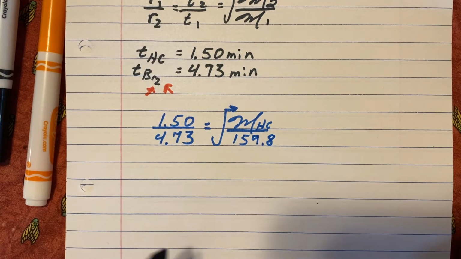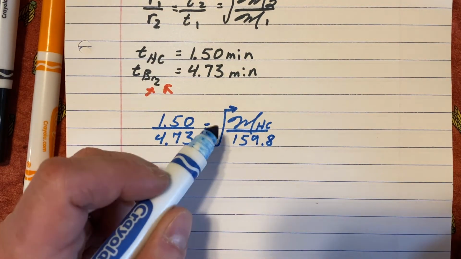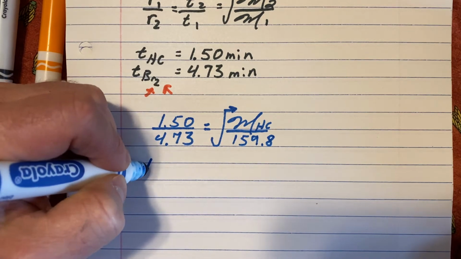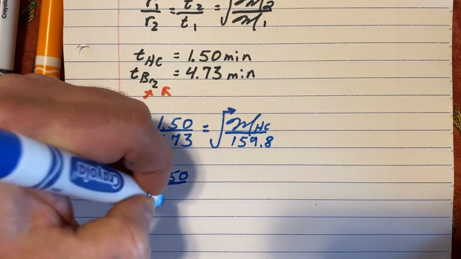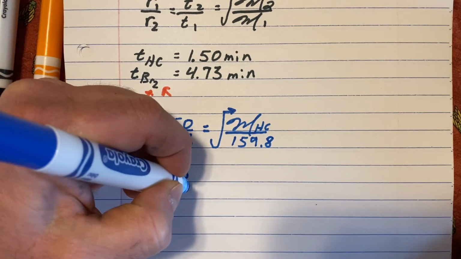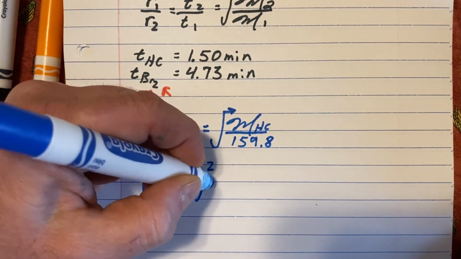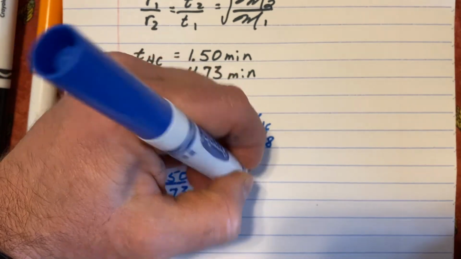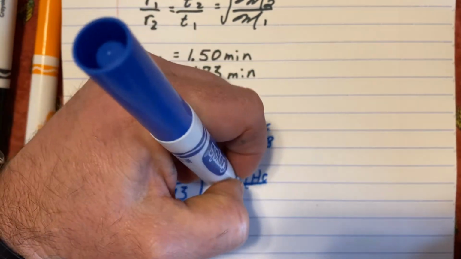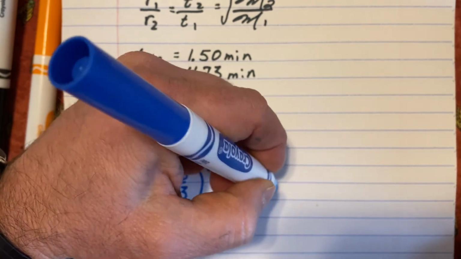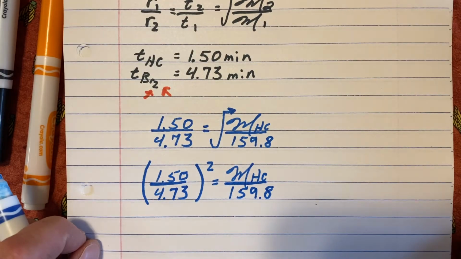The way that I'm going to solve this is this square root. I don't like that, so I'm going to square both sides. You dig?